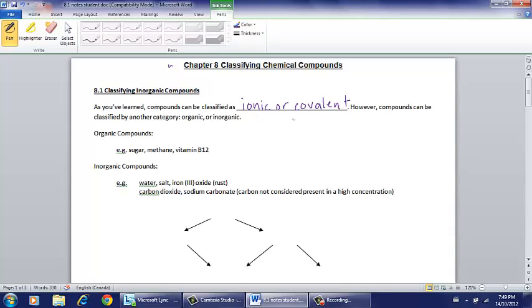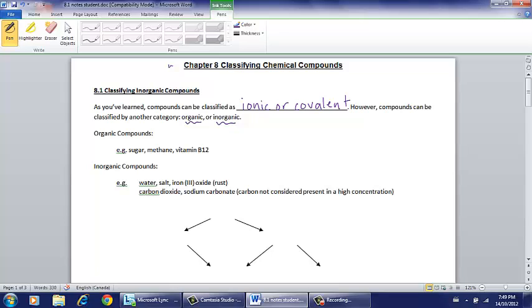We're going to look at how compounds can be categorized another way, and that is the two categories organic and inorganic. That's breaking them down into categories based on whether they come from living things or are a component of living things, or whether they're not a component of living things.